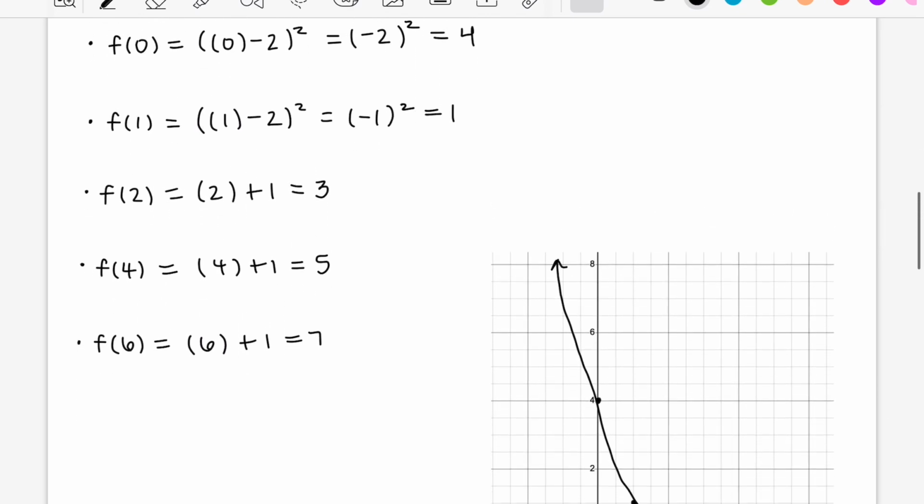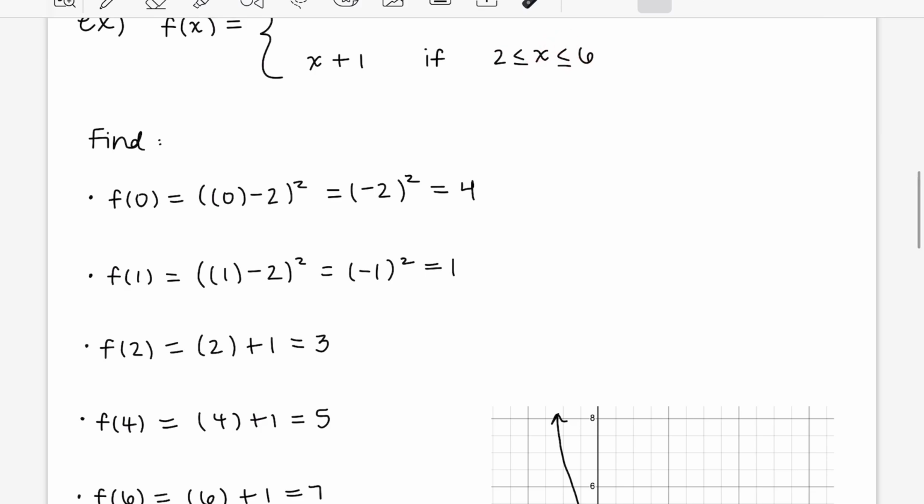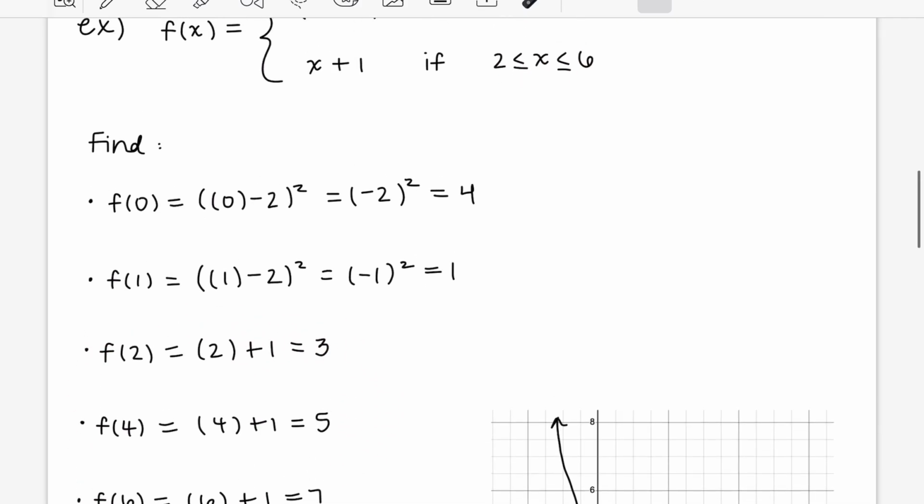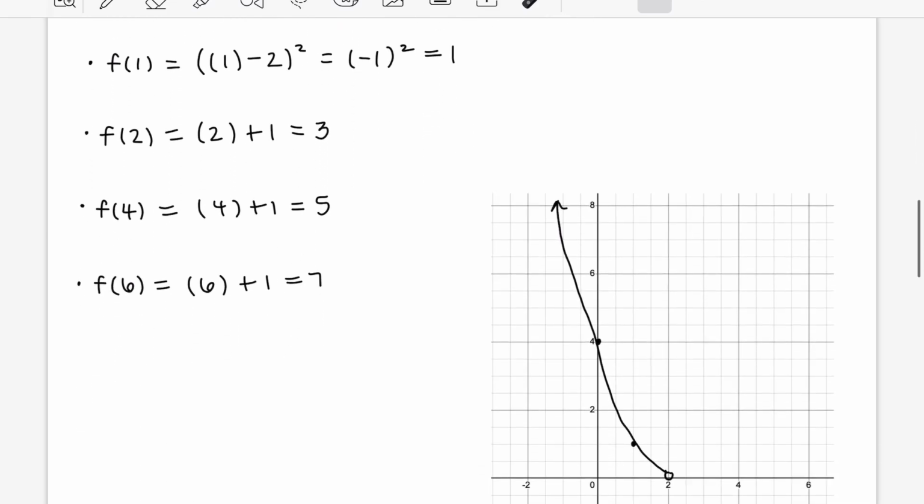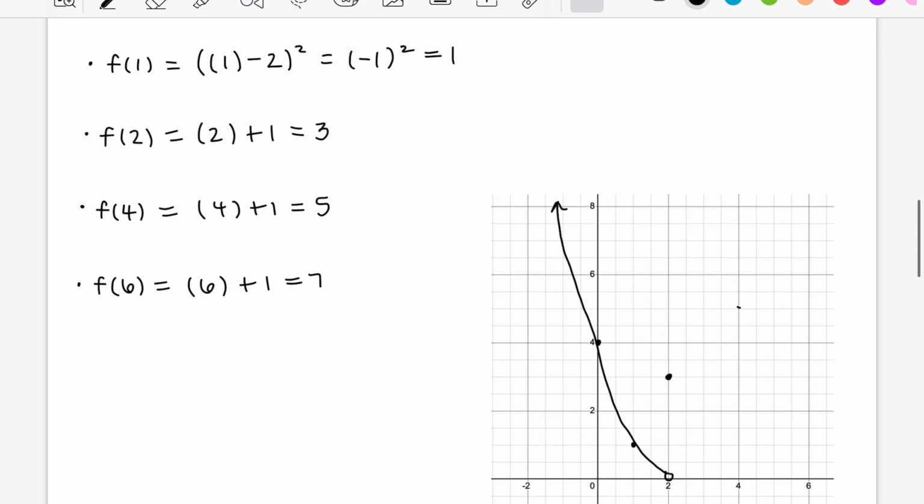All right, now looking at x values in this region, so all of these guys here, we'll plot our line. Remember, it's just going to be y is equal to x, shifted up 1 unit. So at 2 we have 3, at 4 we have 5, and at 5 we have 7.